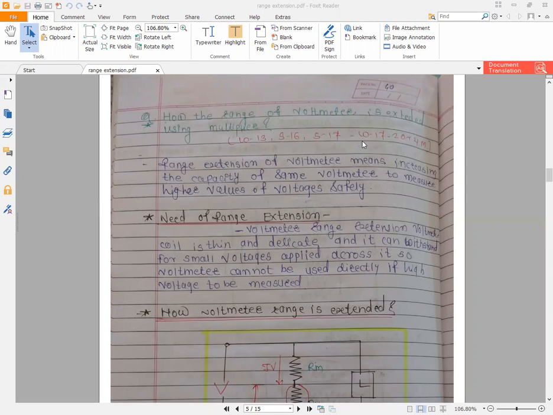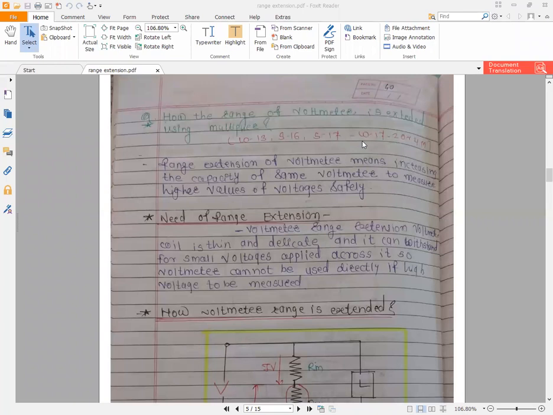For the voltmeter range extension: the voltmeter has a thin coil and it is delicate. Therefore, it can withstand only small voltages applied across it.